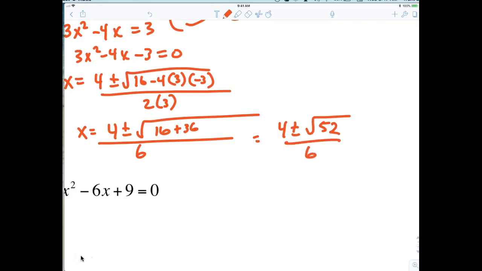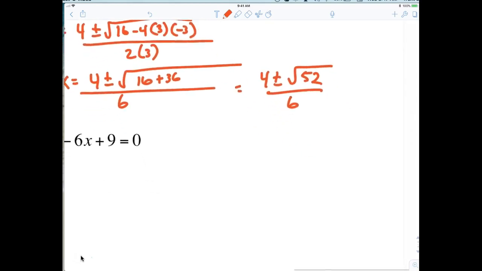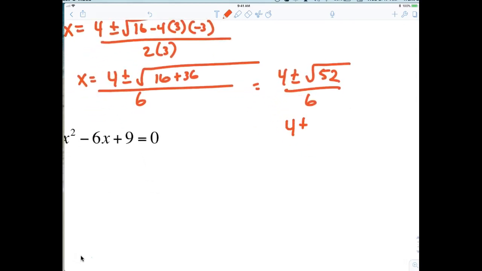Did I agree with that? So 4 plus or minus 2 radical 13 over 6, right? Very good. Now we can divide by 2. So 2 plus or minus, I'm just going to put it there. Right?